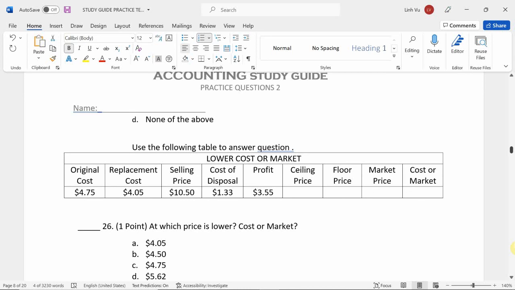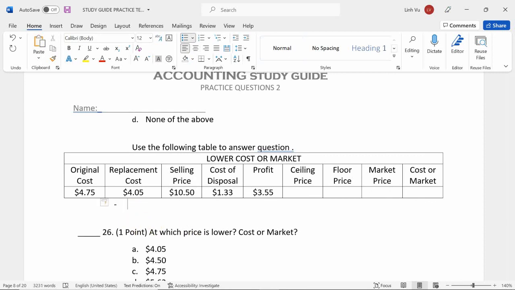So let's go ahead and determine what the ceiling price is going to be. 133. So again, ceiling is going to be your 133, you said? Yes. Okay, so there's more than 133. That's just your cost of disposal. How do I solve for my ceiling price?